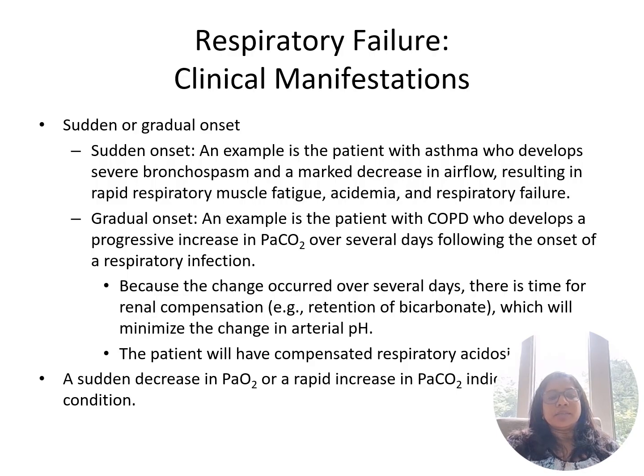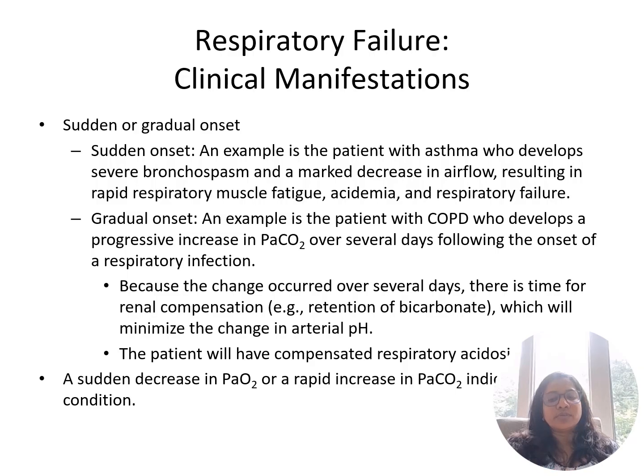Clinical manifestations could be sudden or gradual in onset. Sudden onset you see in conditions like asthma, where there is severe obstruction of the airway, and they go into respiratory failure. Gradual onset is your COPD patient, who progresses eventually into respiratory failure if not treated.